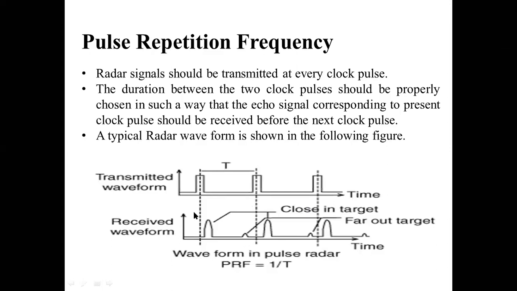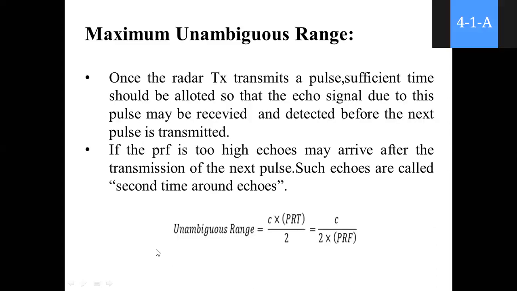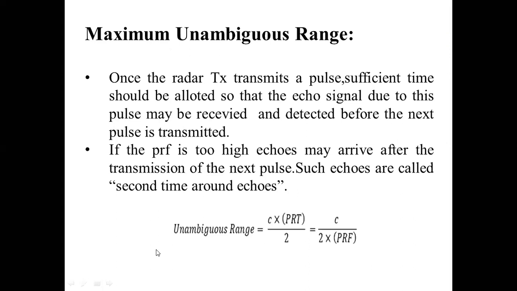So that's why, for the maximum unambiguous range, we are not getting any ambiguity or confusion. We have to calculate the range. Before going to this, generally range is R equal to C into T by 2.